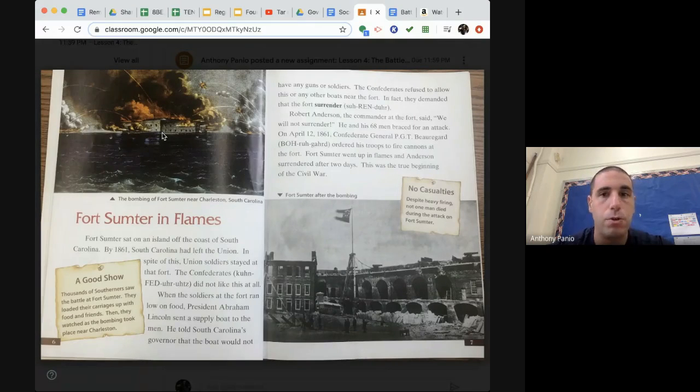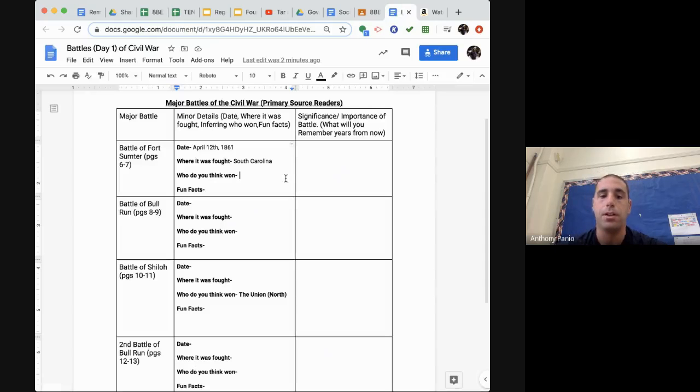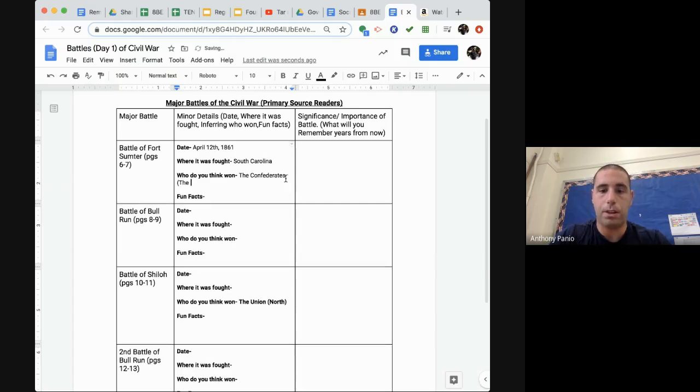If the Union commander surrenders and their place goes up in flames, then yes, correct. The South or the Confederacy is going to win the battle. The Confederates. Or I'll put at the bottom there, the South. This way it's nice and easy.